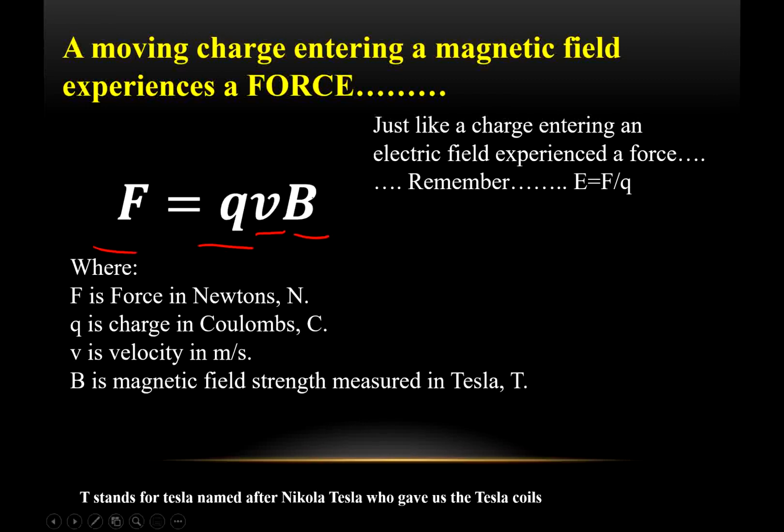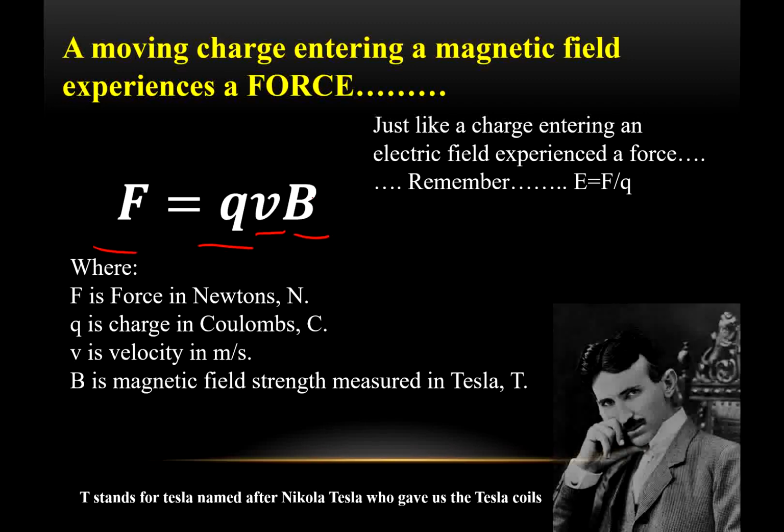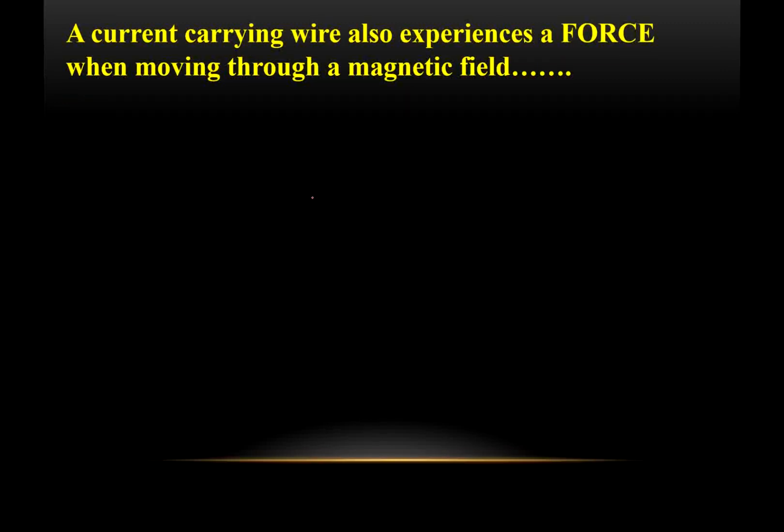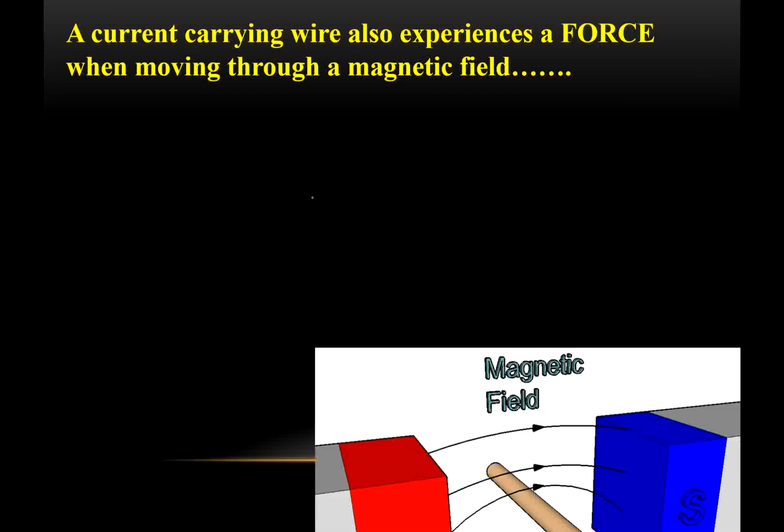There's also another way. Now if we have a charge moving through a magnetic field, as we're describing here, charges usually aren't just flowing straight through the air. They're generally flowing through something, usually through a wire. So if instead we have a current-carrying wire that's going through a magnetic field, it's going to feel a force.